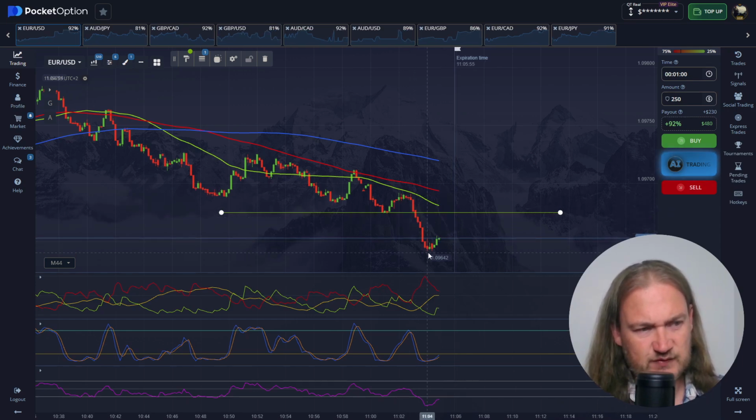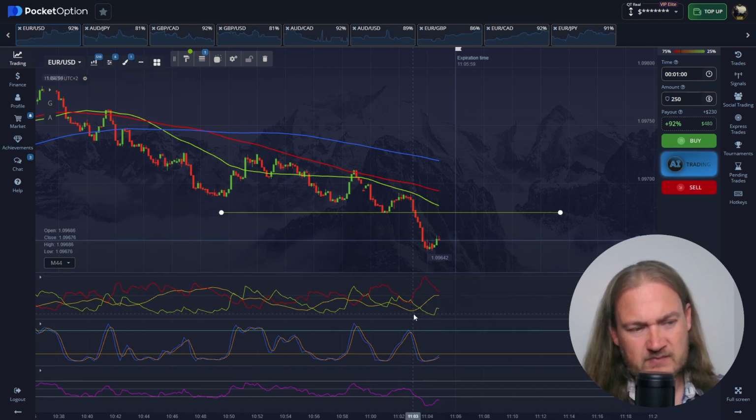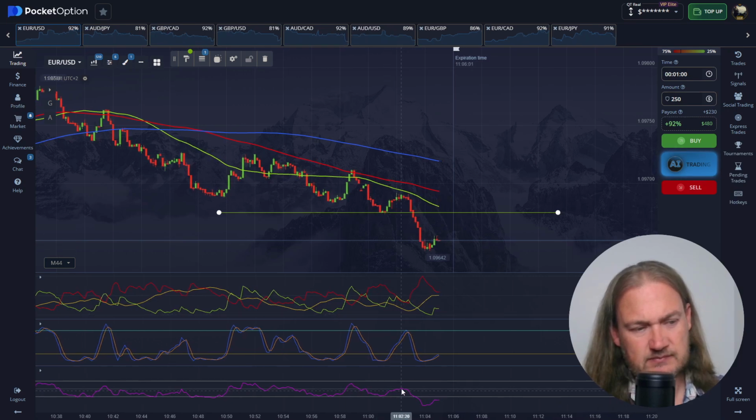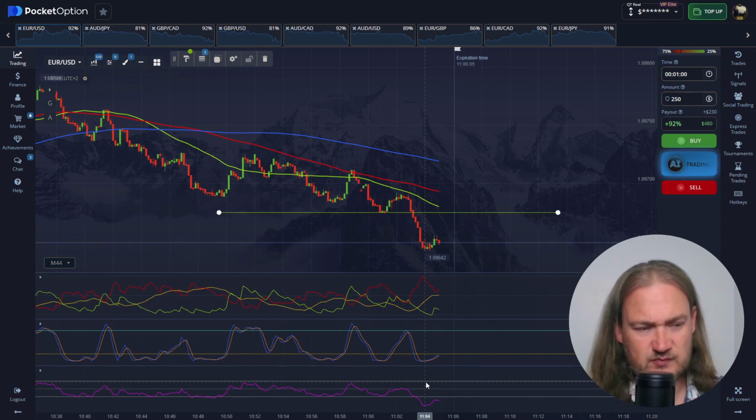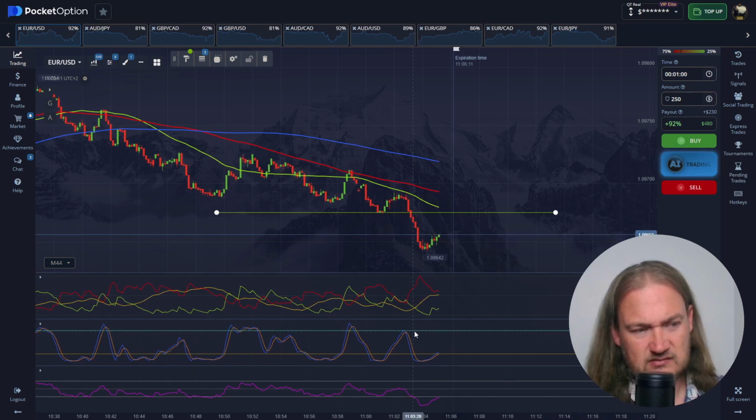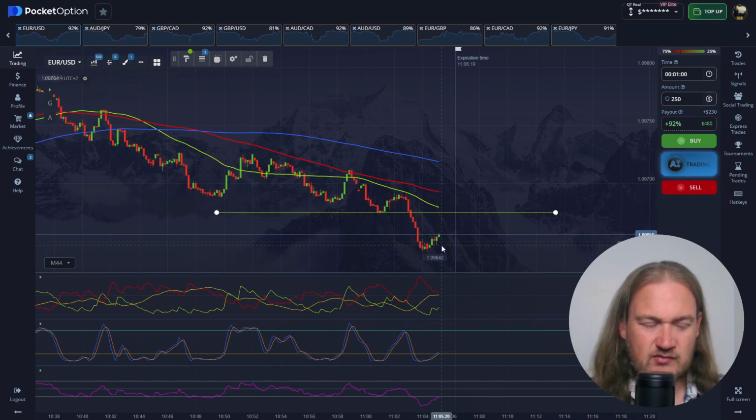But this move here, although the ADX and the DI were coming up, my other indicators didn't indicate to me that it's a sharp movement. And the ADX was picking up, so there's a strong push. But I know not likely.